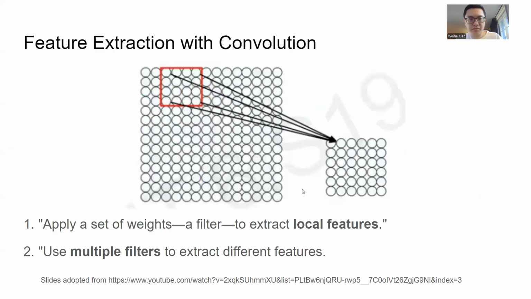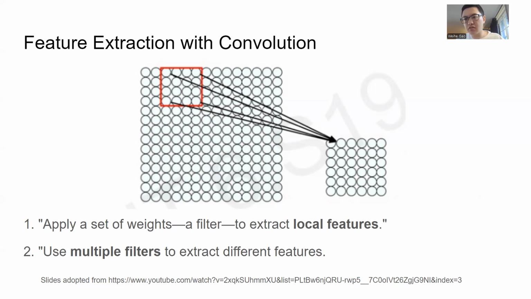in this square. And so the whole process: suppose we have a grayscale image and we want to use a filter to get its feature maps. We slide through the whole image from the top left to the bottom right.